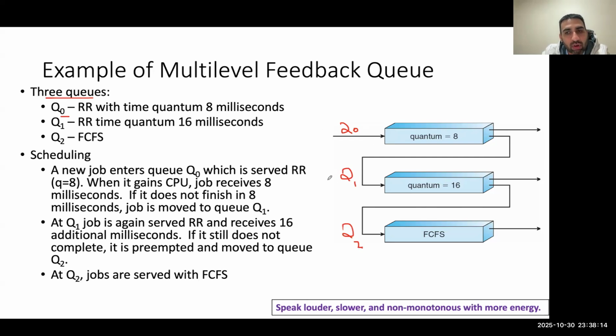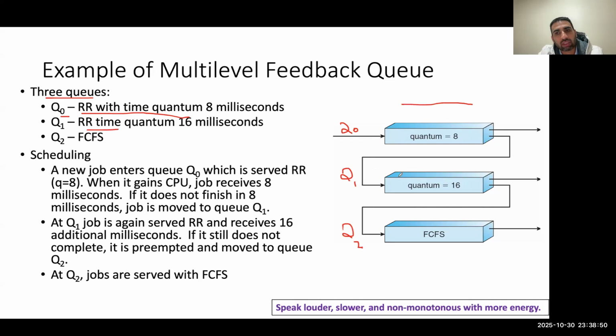All processes with priority level 1 will go to Q1, and all processes with priority level 2 will go to Q2. Okay. Now, RR with a time quantum of 8 milliseconds. What does it mean? Since all the processes with priority level 0 will go to Q0, you can have multiple processes here, right? Let's say you have 10 different processes. To schedule those 10 processes having the same priority level, you will use the round robin scheduling algorithm to alternate among them, right?